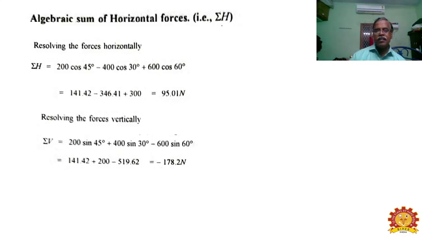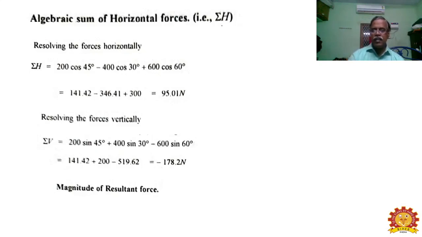Right. And let us see how we are going to get the magnitude of the resultant force. The direction you have found out, in which quadrant the force is going to be acting. Now what force is going to act? That is what you are going to find out now.